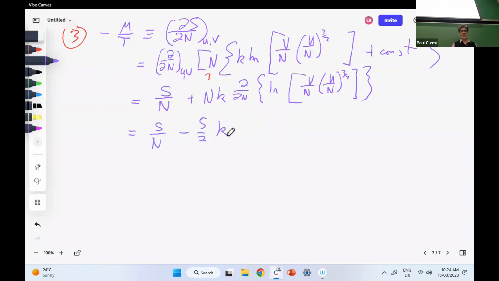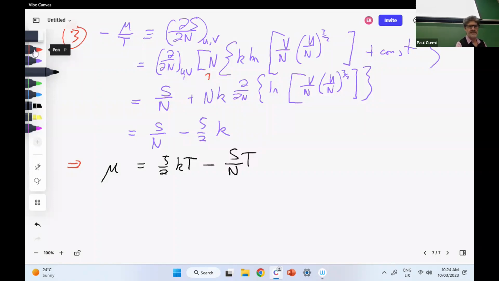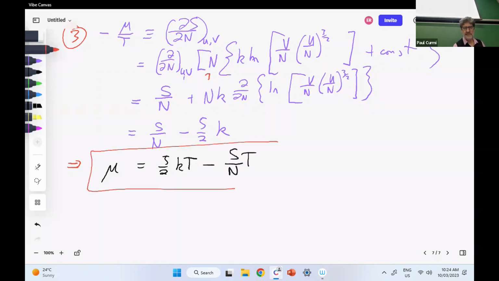Okay, looks stupid. What this spits out is that my chemical potential for a monatomic ideal gas is equal to 5/2 kT minus S over NT. So for this monatomic ideal gas, the chemical potential is intimately linked with the entropy.